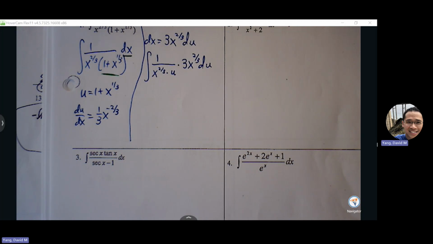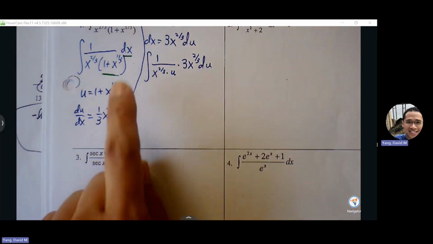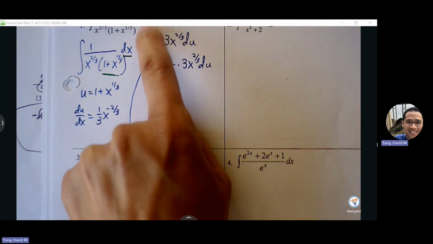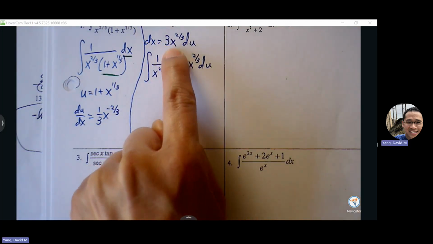How is the 3 not 1/3? How did you turn it into 3? Because I cross multiply. It was 1/3, and when I cross multiply it, it ends up in the numerator here.